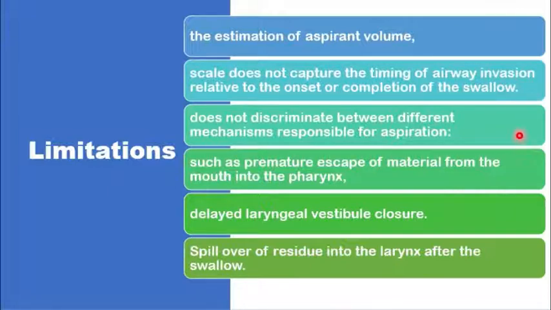It does not provide an ultimate diagnosis about how things had gone wrong and which part of the mobile aerodigestive tract had failed. It does not tell you whether there is premature escape of the material from the pharynx and the mouth into the larynx, or whether there is a delayed laryngeal vestibule closure or elevation, or whether there is a spillover of a residual bolus that had remained in the pharynx and spilled over into the larynx later.